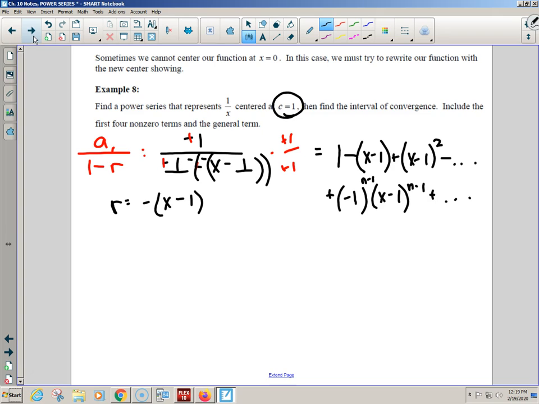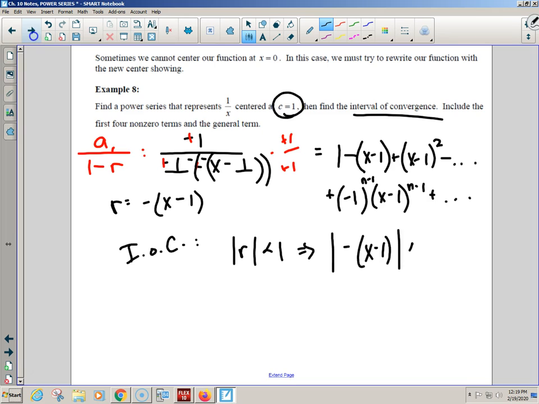But hold on, what haven't we done yet? How do I find my interval of convergence if I know my common ratio? Yeah, so then take the absolute value of it. Wait a minute, what does an absolute value do if I have a negative? Makes that positive.